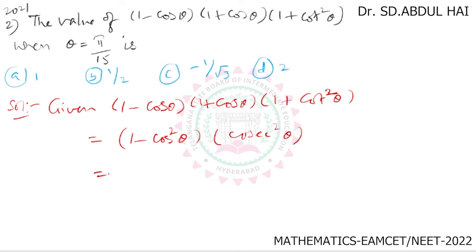Now we know the basic identity is sin square theta plus cos square theta is equal to 1. Therefore, 1 minus cos square theta is nothing but sin square theta into this cosec square theta. So both are reciprocal to each other. We will cancel, so I will get the answer as 1. Therefore, the first option is the correct option.